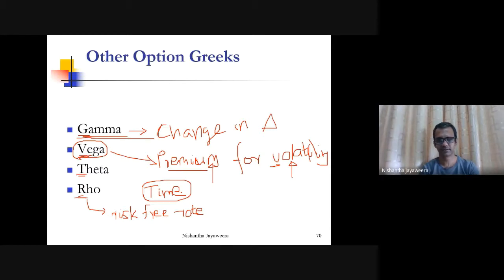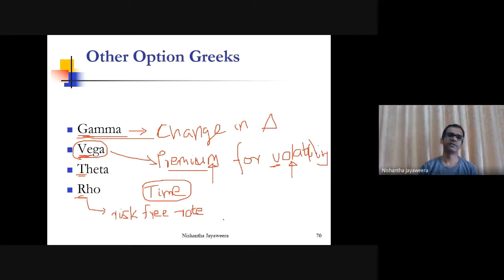Anything? Any question? So definitely you should know the relationship between option premium and these factors. Gamma and delta are related to the price of the underlying asset, the spot price. Then vega is for the volatility, theta is for the time, and rho for the risk-free rate.